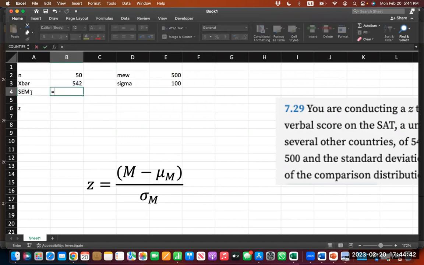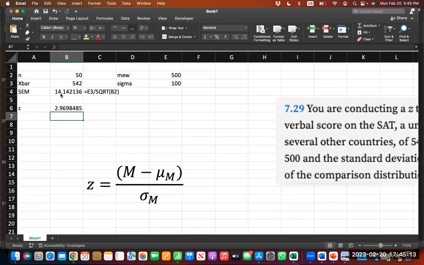So now we have standard error of the mean is sigma divided by square root of the n. So our z is now m minus mu divided by our standard error of the mean. And that's a z of 2.96.